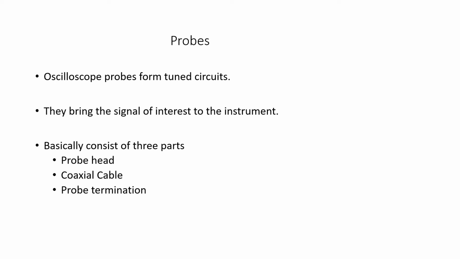So there are different types of probes: direct probe, passive probe, active probe using FET, the current probe, the high voltage probes, etc. The direct probe is nothing more than a cable with a probe tip and no other components. It uses a shielded coaxial cable.